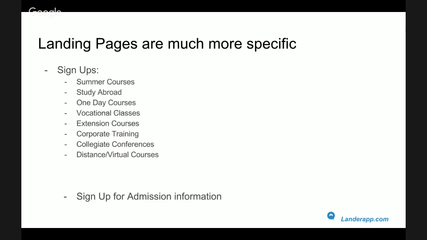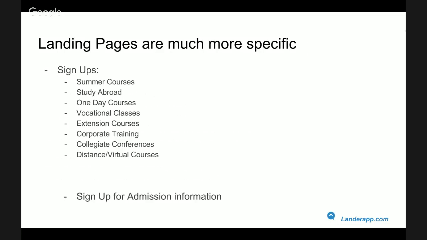Landing pages tend to be a very specific kind of entity. Now, a website tends to have a lot of shares, links, information, but not necessarily all of it on one very specific goal.